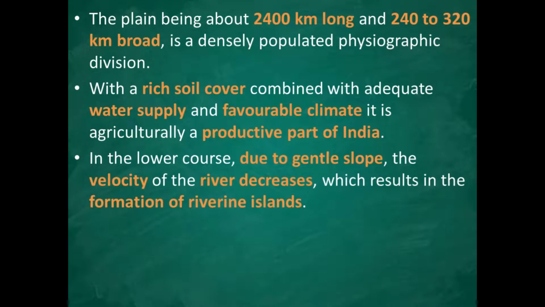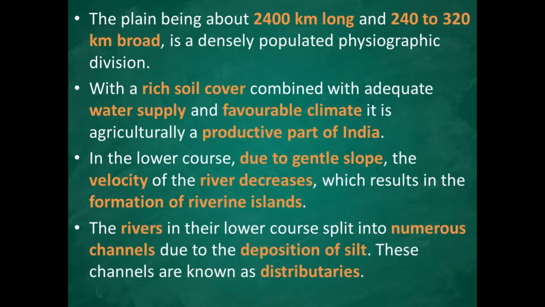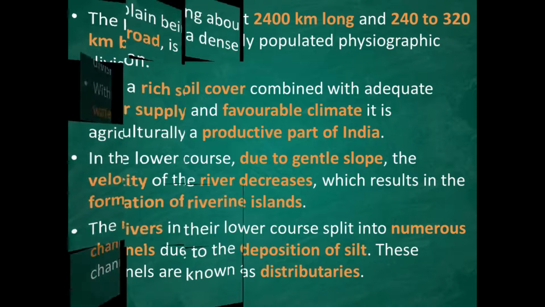In the lower course, due to gentle slope, the velocity of the river decreases, which results in the formation of riverine highlands. The rivers in their lower course split into numerous channels due to the deposition of silt. These channels are known as distributaries.